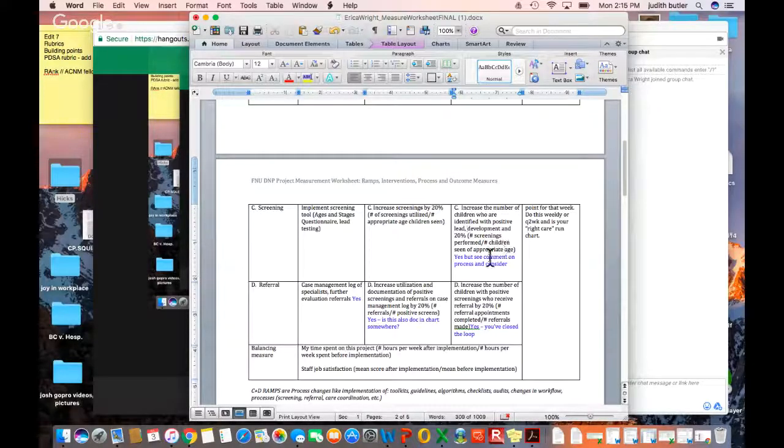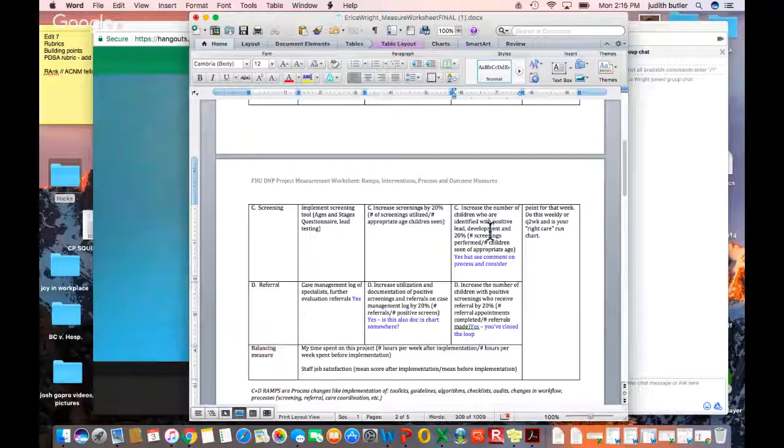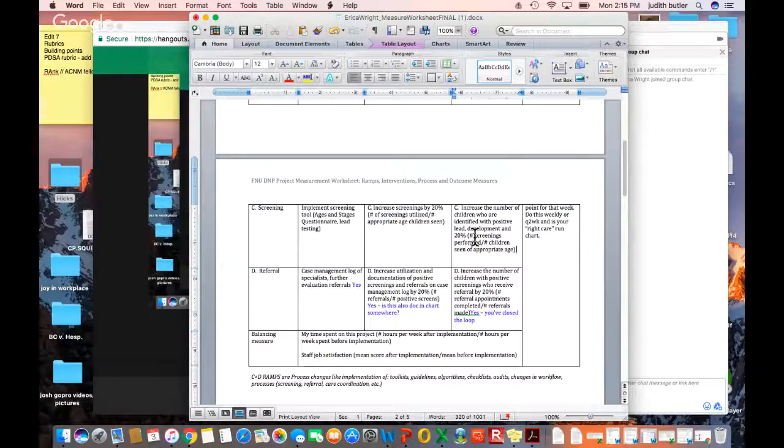20% number of screenings performed over number of, so if you did 10 screenings and you had 15 kids, is that going to tell you how many were abnormal? Nope. So, just the number of abnormals over the number that we screened. It's also called positive screenings.